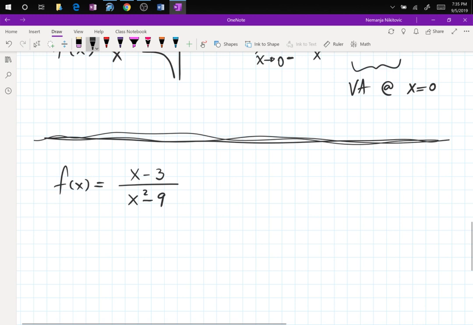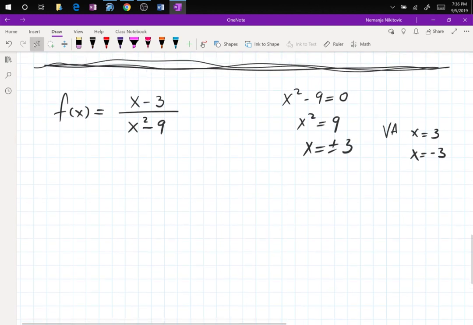We are very careful not to give you this problem because you don't have the limit definition, and you are going to get the wrong answer. What have you learned? Set the denominator equal to 0 and you're done. No, it doesn't work. Denominator equal to 0 is x squared equals 9, x equals plus or minus 3. And then you claim vertical asymptotes at x equals 3 and x equals -3.